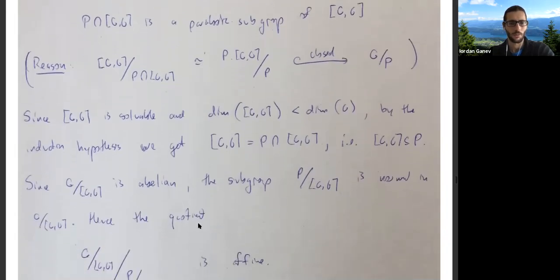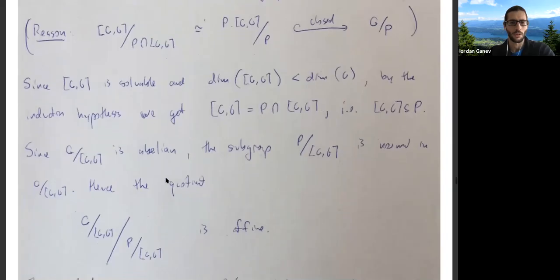Why is that? Well, we know that G mod the commutator is abelian, and we have this subgroup P mod the commutator inside G mod the commutator, and since everything is abelian, that must be a normal subgroup.